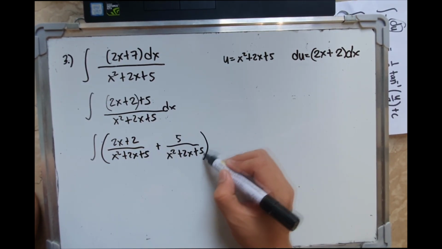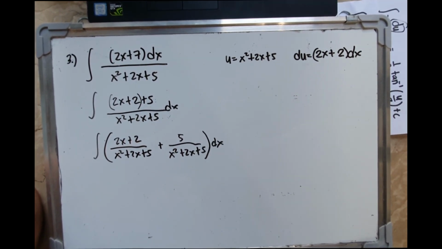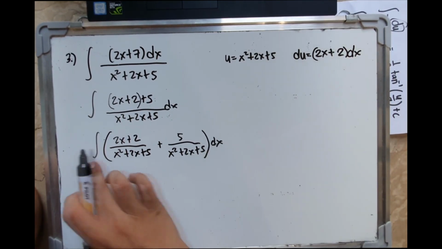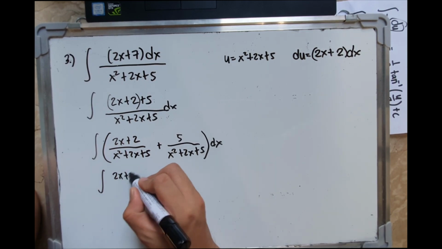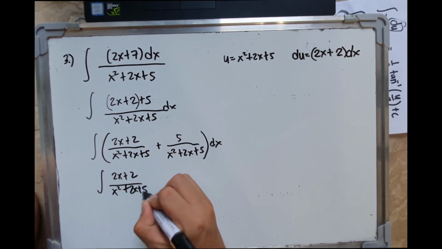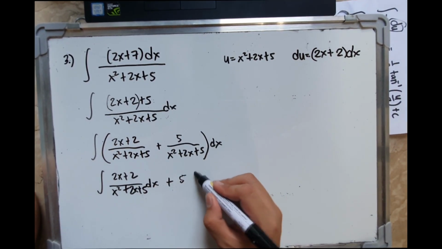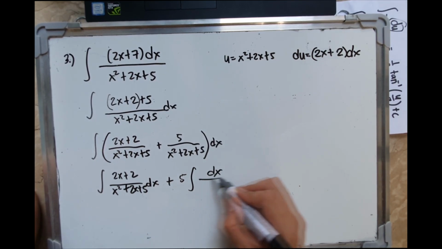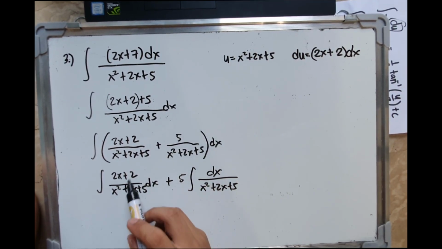This is still part of our integral and our dx. Now we could split this: the integral of 2x plus 2 over x squared plus 2x plus 5 dx, plus 5, which is the constant, times dx over x squared plus 2x plus 5.